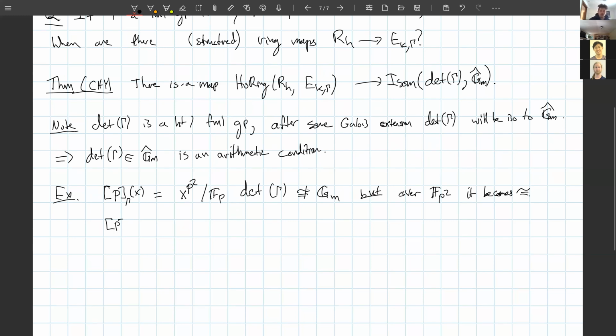If I look at [p]_gamma(x) equal to minus x to the p squared over F_p, then the determinant of this gamma is isomorphic to G_m.